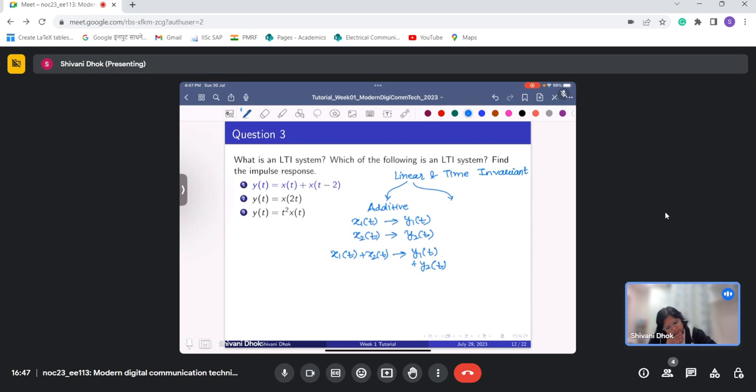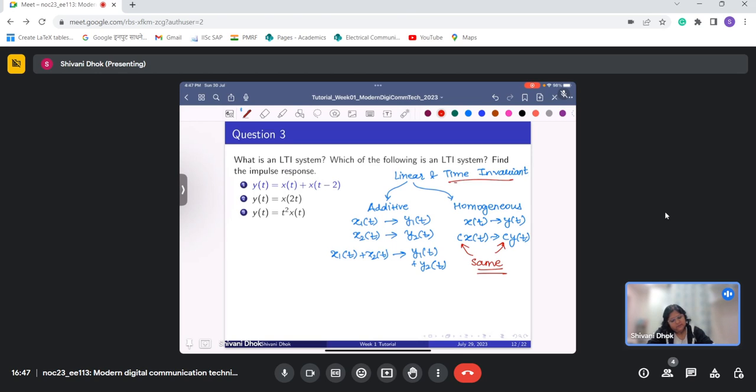Along with being additive, it also has to be homogeneous. So for homogeneity, if x(t) gives output y(t), and I scale this input x(t), this should give me a scaled version of the output, where the scaling constants c are the same. This is an important thing, they are the same.